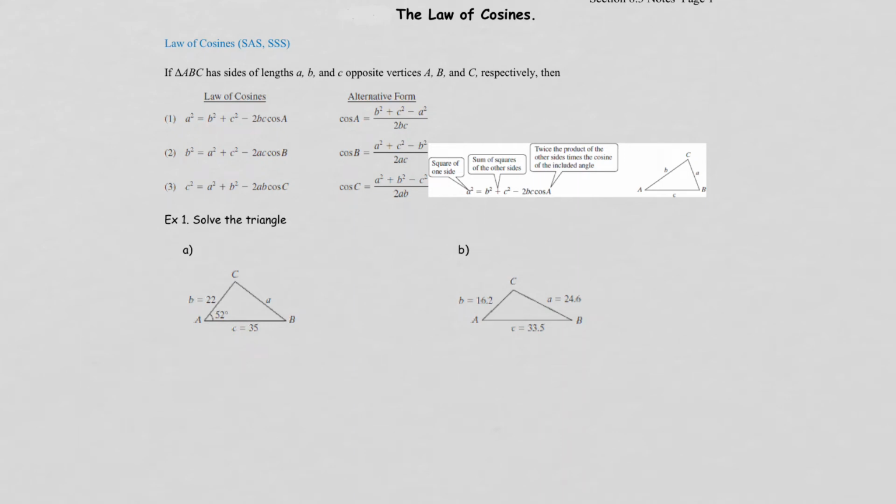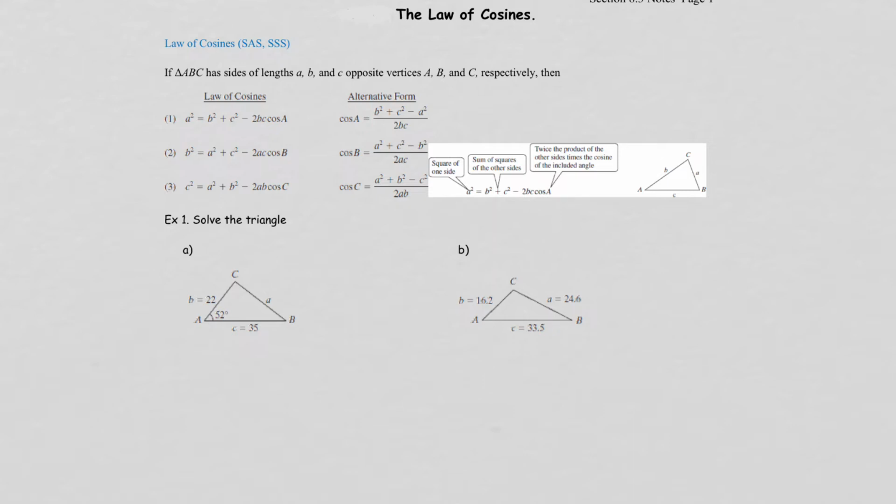Today's lesson, we're going to talk about the law of cosine. We did law of sine from last class. Law of cosine is this right here. That's the formula. And usually when you have an angle and sides given, or all the sides are given, that's when you can use the law of cosine.